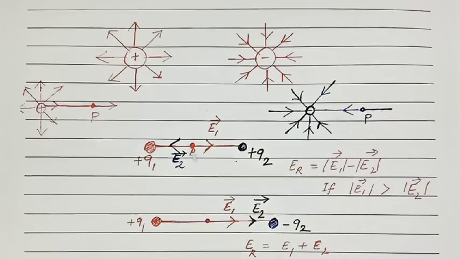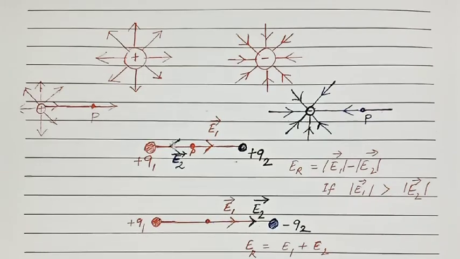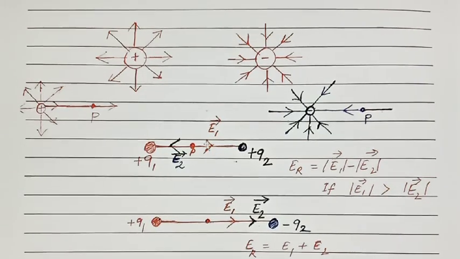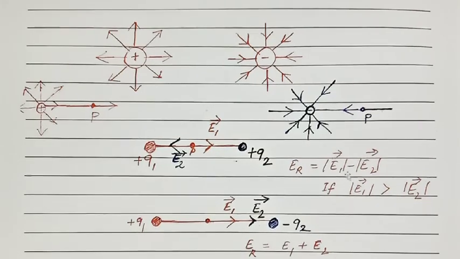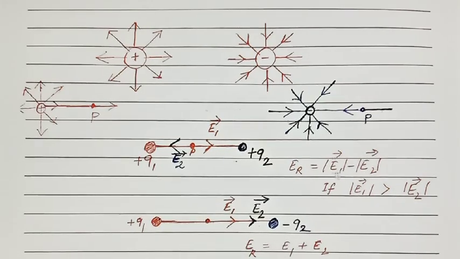Okay, so how can you calculate the magnitude of net field? Because these two field directions, you can see the direction of E2 is exactly opposite to the direction of E1. So net field you can get by subtracting the magnitude of the smaller field from the magnitude of the bigger field.